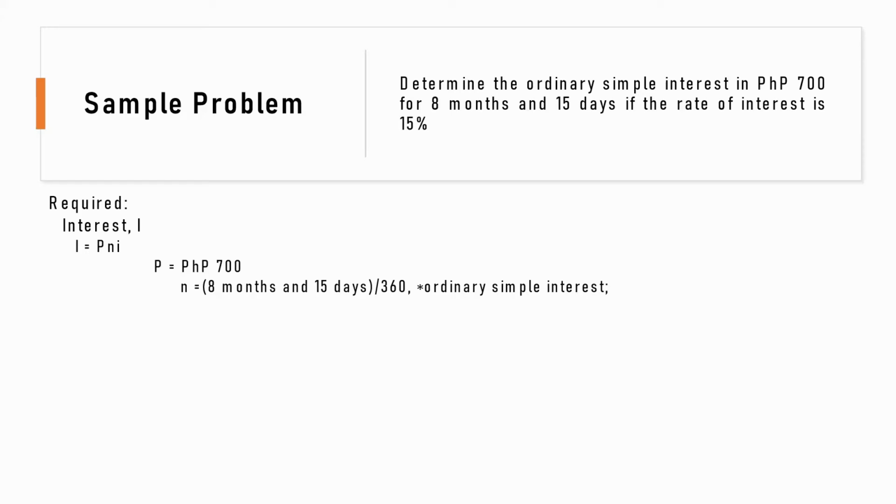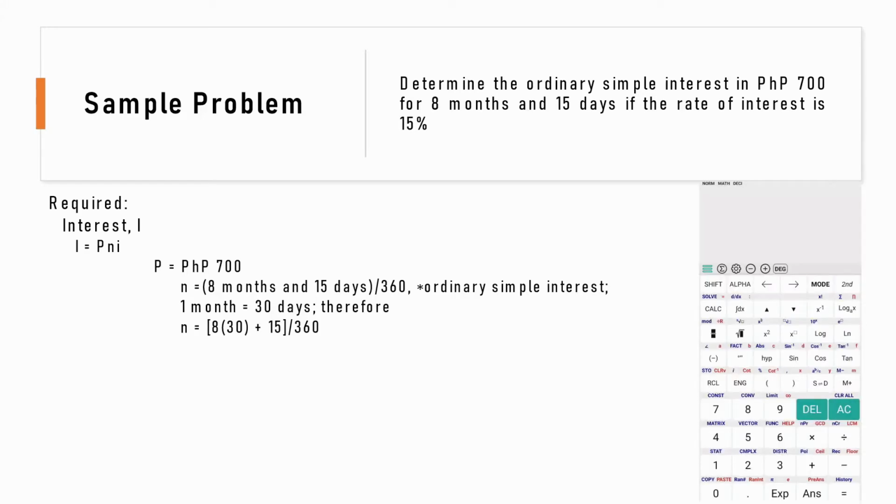So, sinabing ordinary simple interest, so therefore 30 days per month. Therefore, yung N is equal to 8 times 30 plus 15 para dun sa total number of days over 360. So, therefore, N is equal to 255 over 360. And then yung I given na 15%.